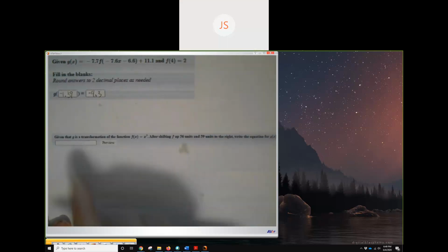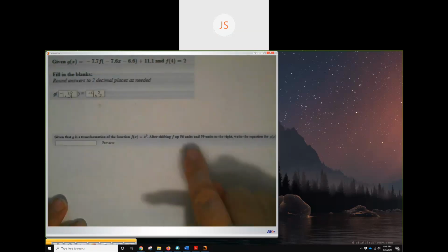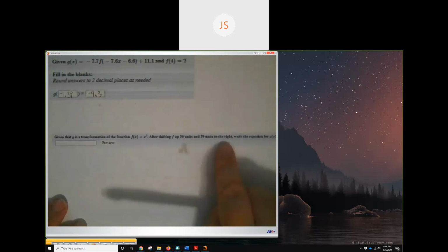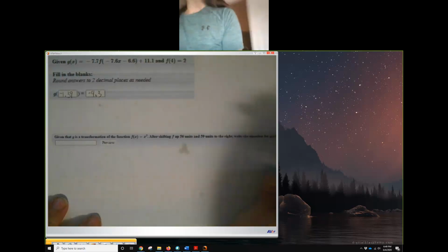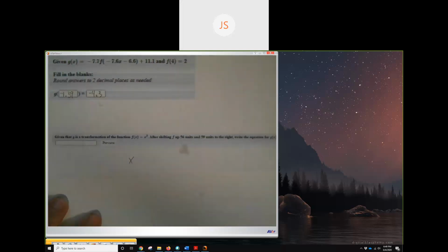Okay, but then last but not least, if you have g of x, and it is x squared shifting up 56 and 59 to the right, then it becomes x, and then the right shift is inside the parentheses. And because it shifts to the right, it's subtracting.